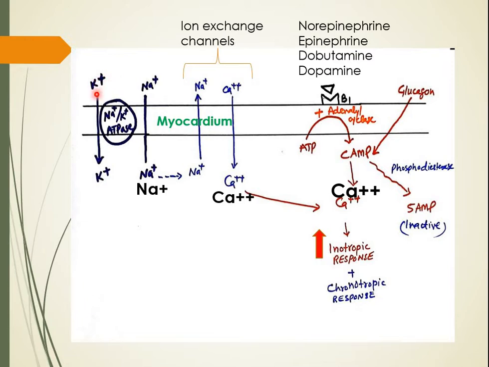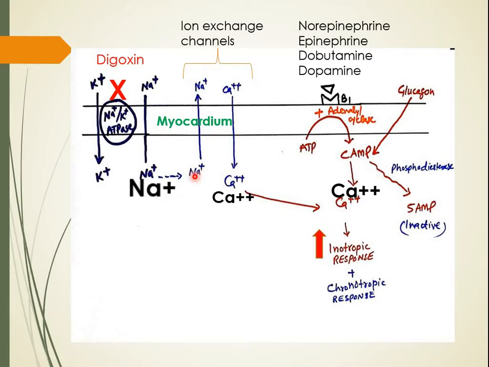So what is the action? Potassium comes inside and the sodium goes outside. Now, what happens if we block this with digoxin? If we block this with digoxin, this normal phenomenon won't happen. Now, the sodium will not exchange for the influx of potassium. Consequently, the intracellular or cytosolic sodium level will rise.